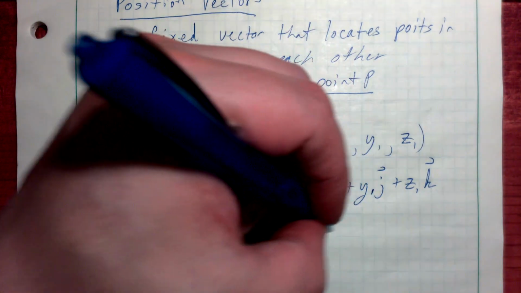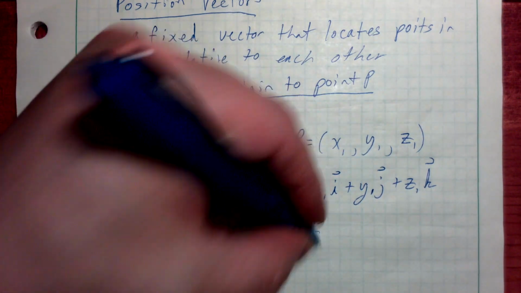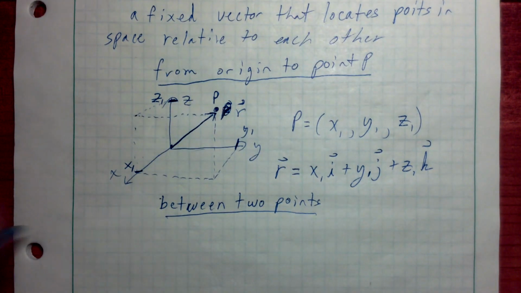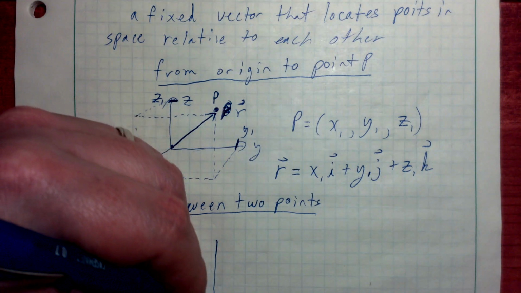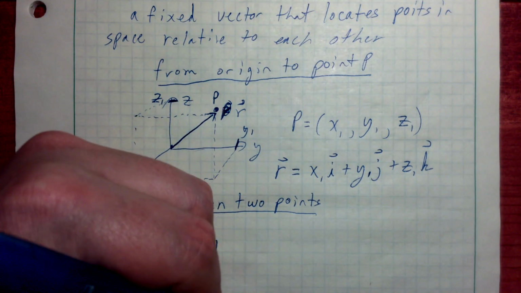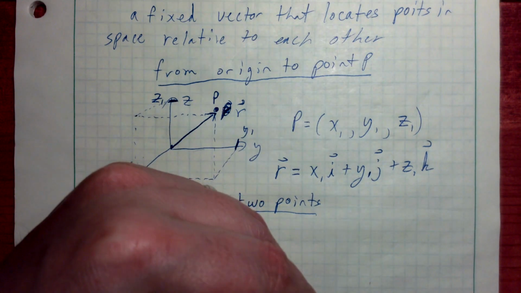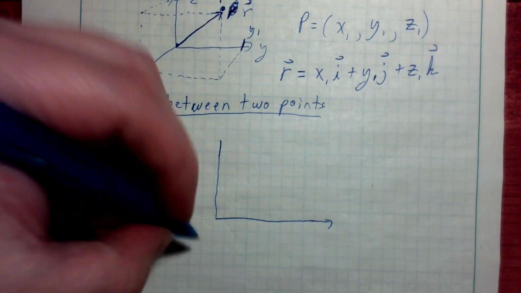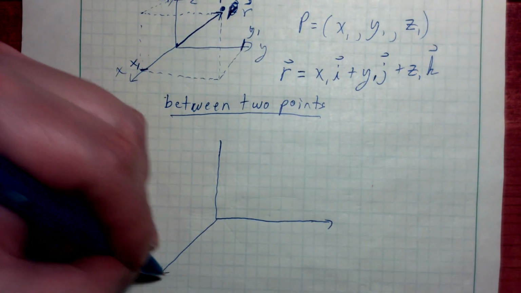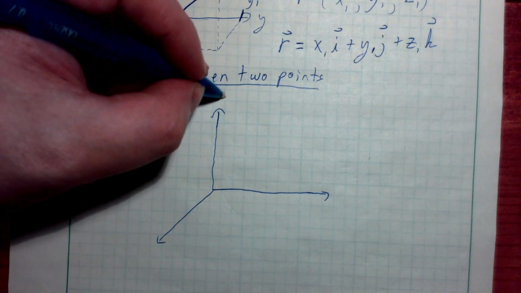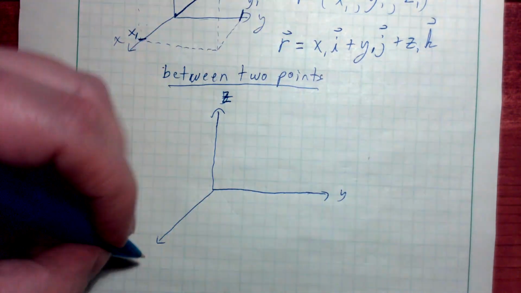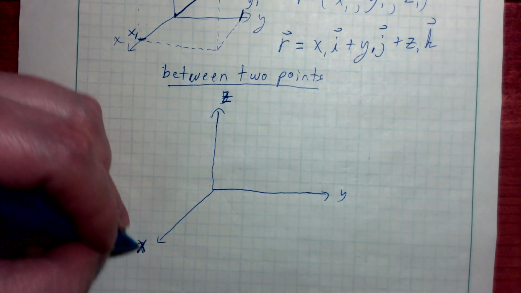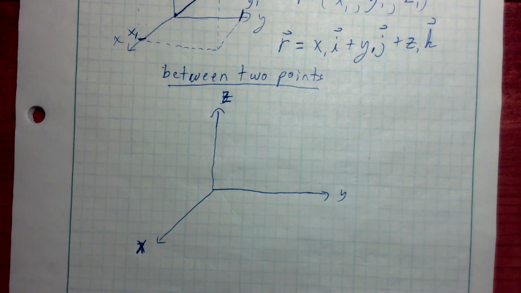If I need to describe between 2 points, well, let's draw an XYZ coordinate plane with 2 points on it, and try to describe 2 points here.